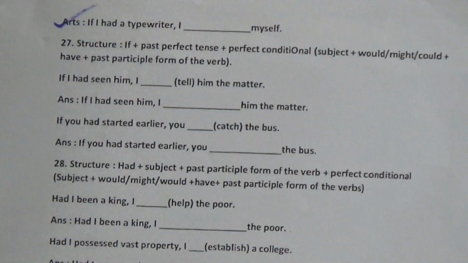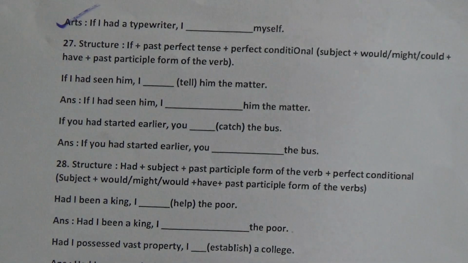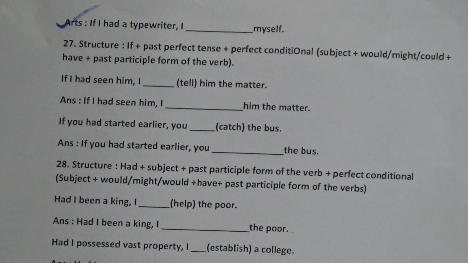And next, rule 27: if plus another rule of conditional. If plus past perfect tense. That means if the if clause is past perfect tense, then the other part will be perfect conditional. Now we will know about the perfect conditional.